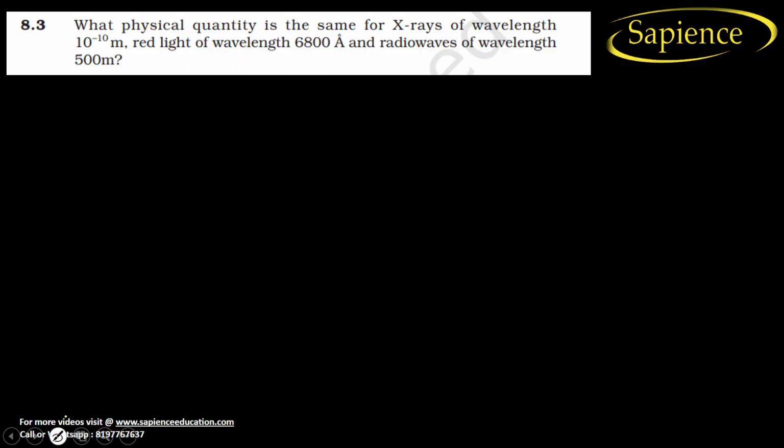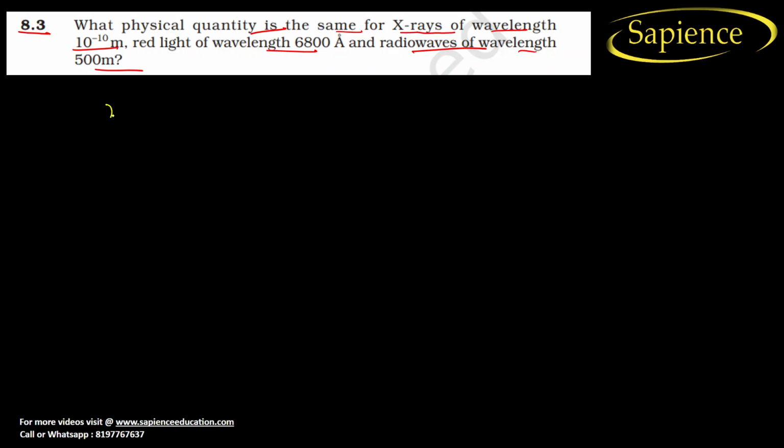In this question 8.3, what physical quantity is the same for X-rays of wavelength 10 to the power minus 10, red light of wavelength 6800, and radio wave of wavelength 500 meter? What physical quantity? See here, you need to understand the relation.